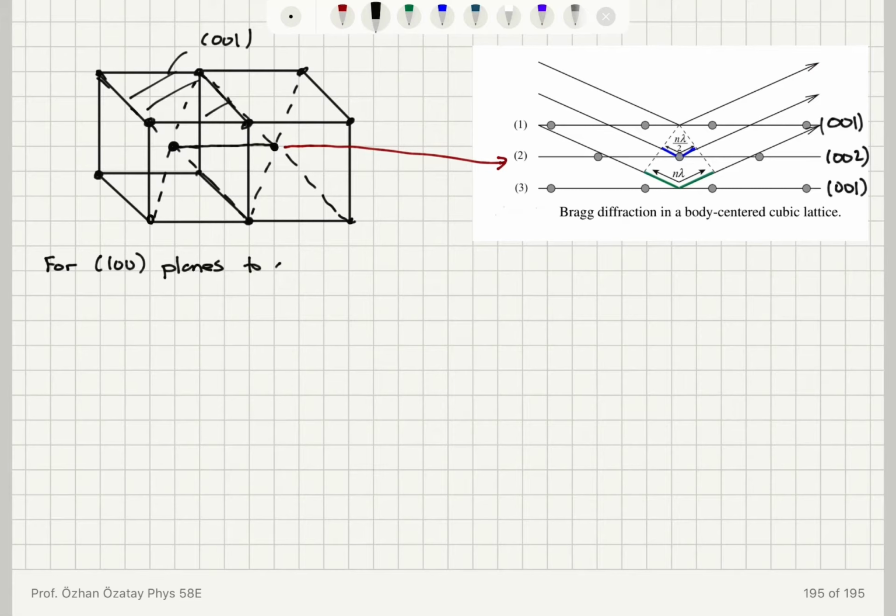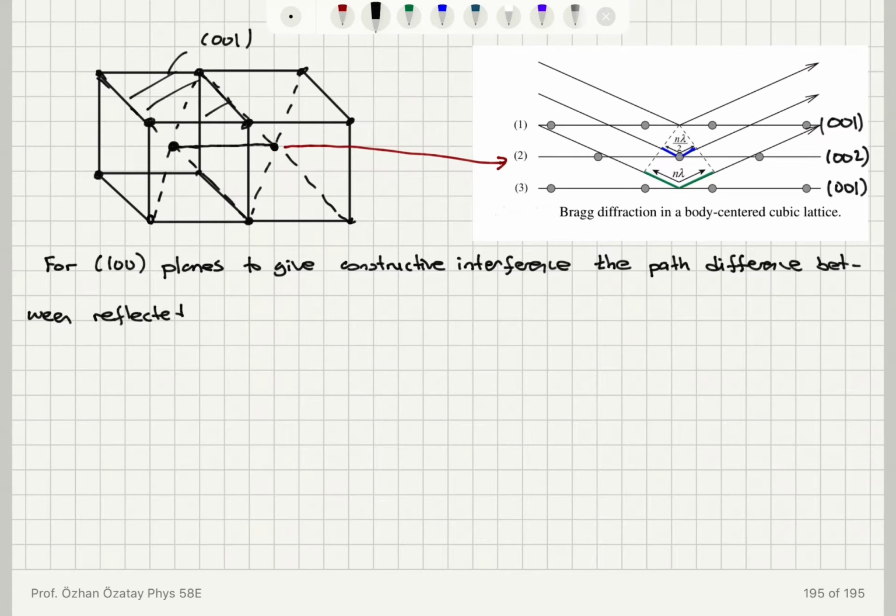For these planes to give constructive interference, the path difference between reflected and incident waves must be an integer multiple of lambda.